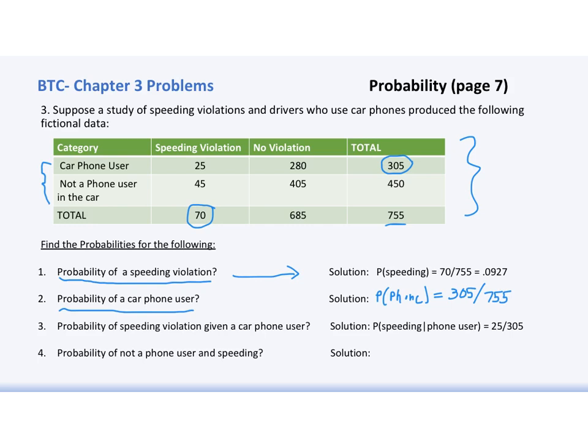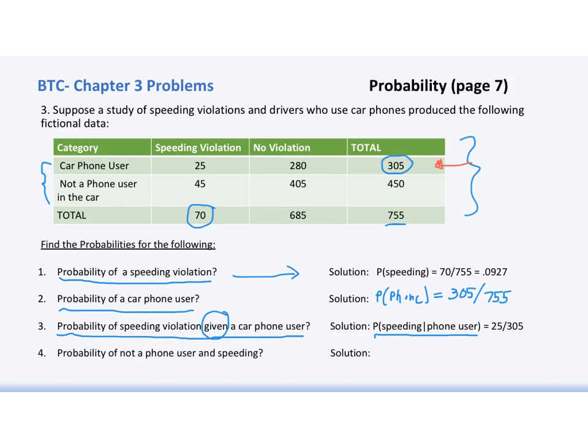The third question is, what's the probability of a speeding violation given, there's that word given, a car phone user? So we write it this way, speeding given a phone user. What we do is we go across the row of our given that we have a phone user, right?